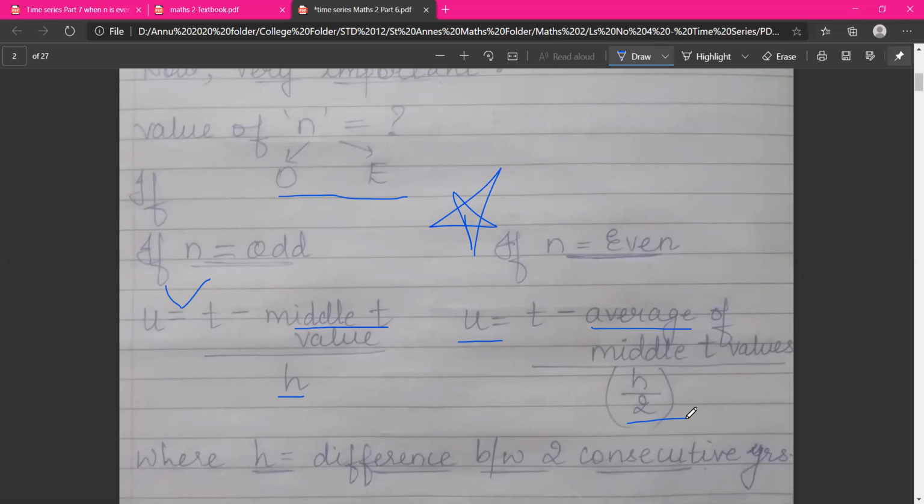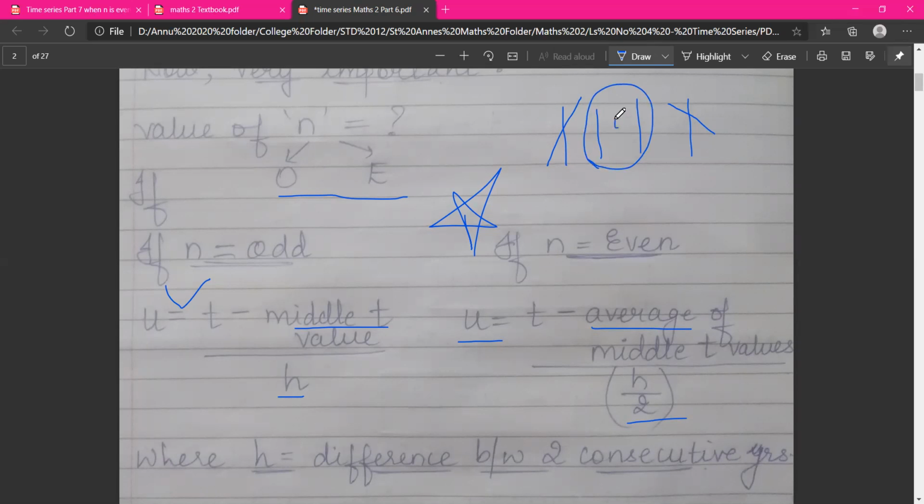Now why this happened, I will explain to you all, because when there are odd numbers, it's very easy to find out the midpoint of the data. But when you have even numbers, it's very difficult to find out the value of the center, that is the midpoint. For example, suppose I have given you 4 numbers. Now tell me what will be the exact midpoint of these. If you cancel 1 from here, now you're left with 2.